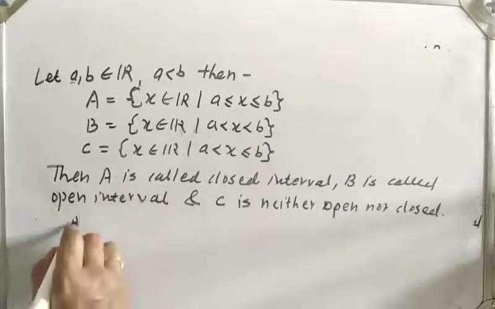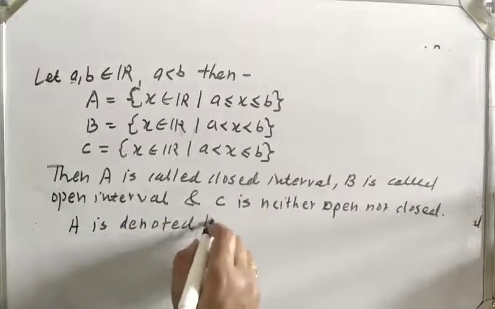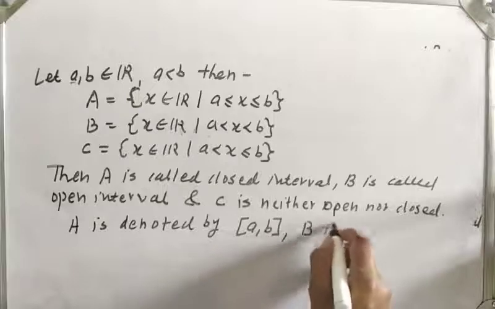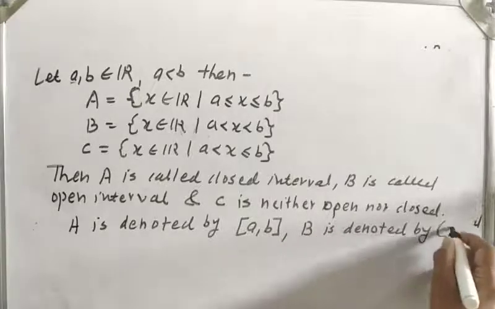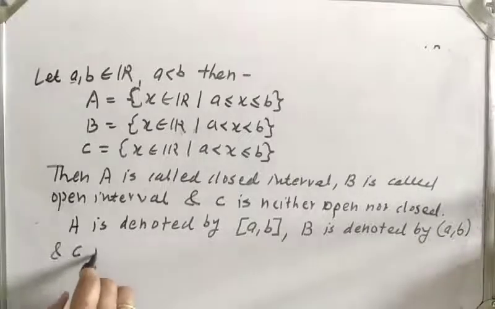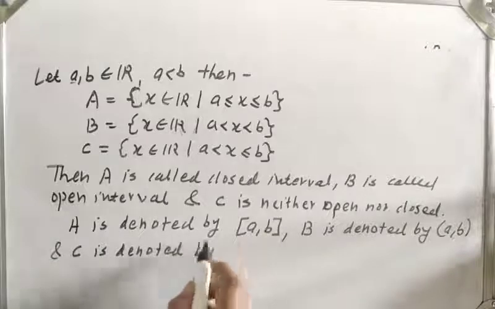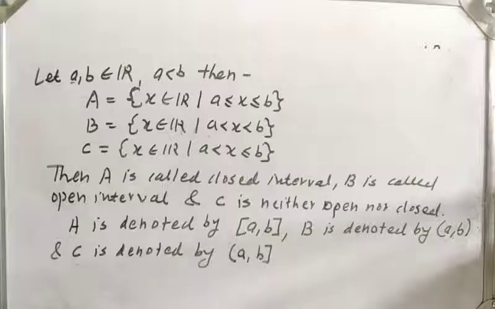Again, set A is denoted by, it is closed, so like this. B is denoted by, it is open, so open interval A, B. And C is denoted by, A is not included, B is included, so A open, B closed. Okay.